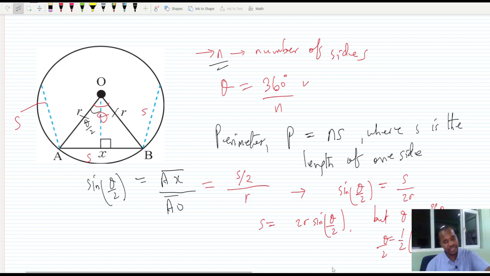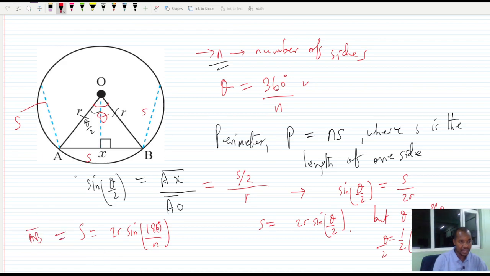Combining all these, S equals 2R sine of 180 degrees over n, and this is the length of one side, which is AB if I consider the diagram we have.